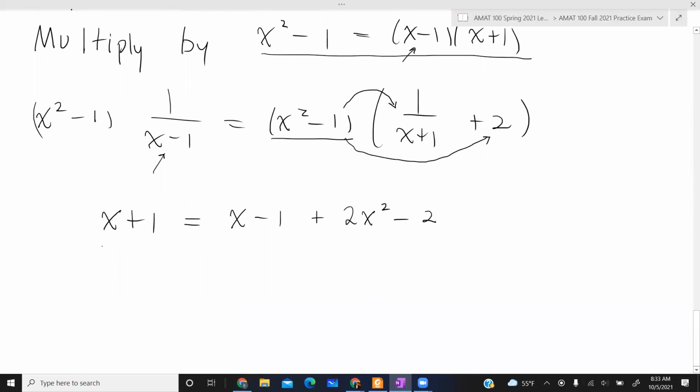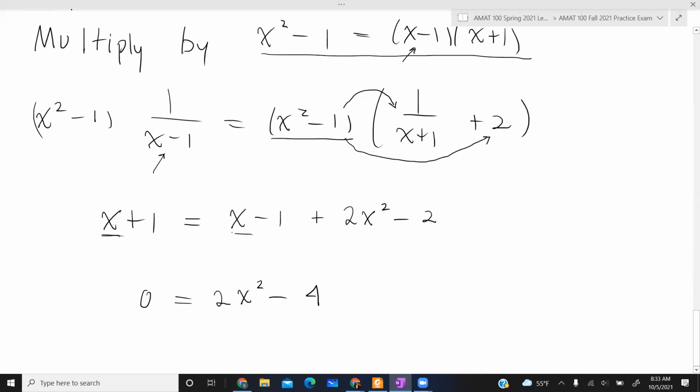And at this point, I can simplify a little bit. So this x cancels with this x, and then I can subtract the 1 from both sides. So I get 0 is equal to, well, first of all, I get -1, -2, so it's -3, and then I'm subtracting 1, so it gives me -4. So I get 2x squared minus 4, right? So let's just recap.